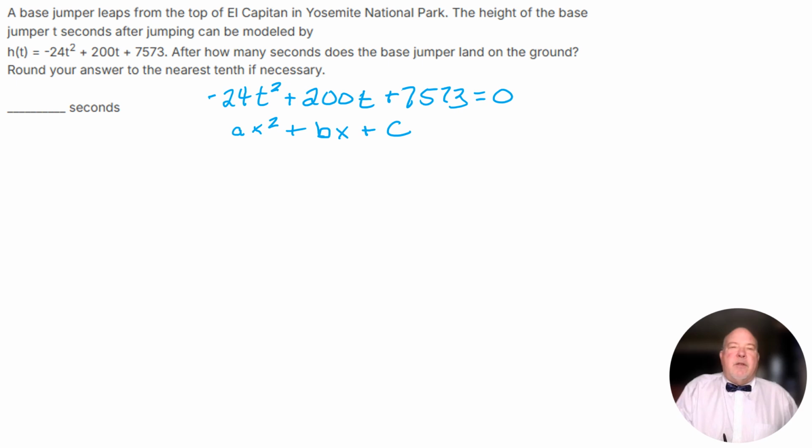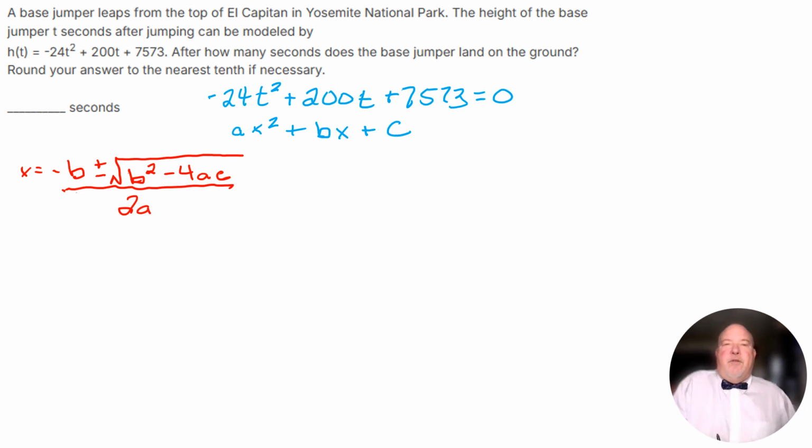But here's what the quadratic formula is. It is x is equal to negative b plus or minus the square root of b squared minus 4 times a times c, all over 2 times a.